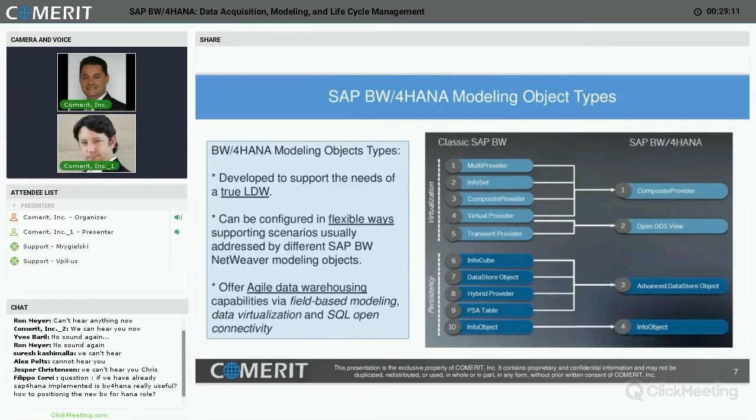And of course, all these BW object types can be easily converted into HANA native elements. I could take a particular advanced DSO that I created with InfoObjects and expose this content to the HANA database through a HANA view.